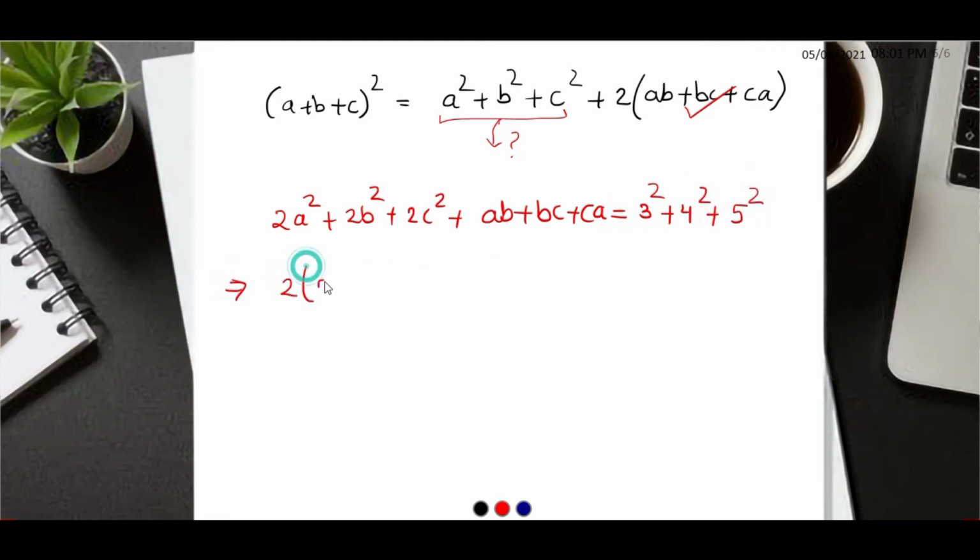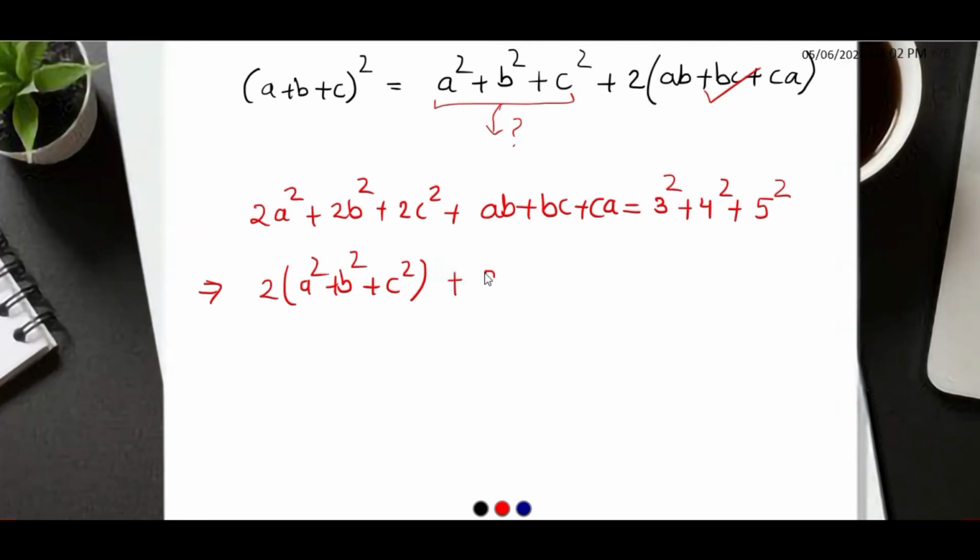This implies 2 times a square plus b square plus c square, plus this value we have already obtained, 24 over root 3, equals 9 plus 16 plus 25.